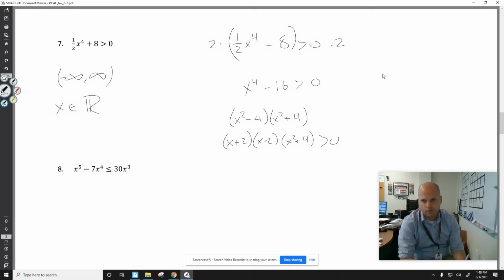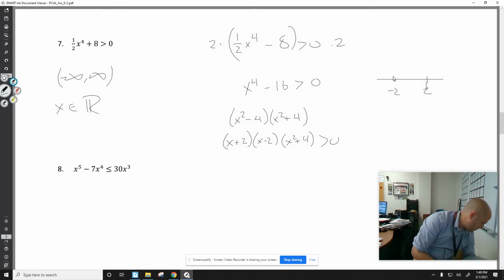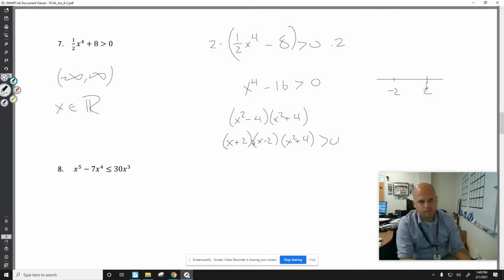So we solve. Negative 2 and positive 2 are zeros. X squared plus 4 would give us some imaginary numbers, which we're not worrying about. Use a test point. Multiplicities are 1 and 1, so they'll pass through. Plug in 3, positive, positive, positive.